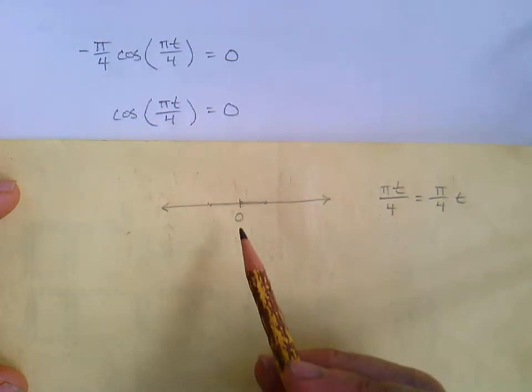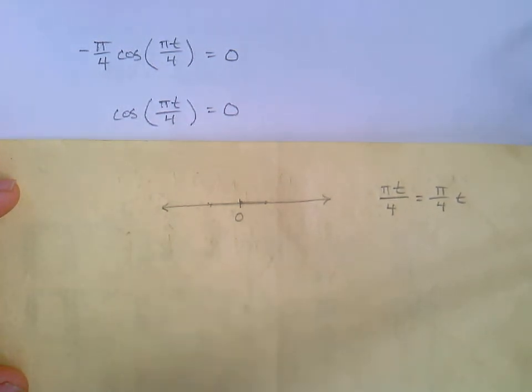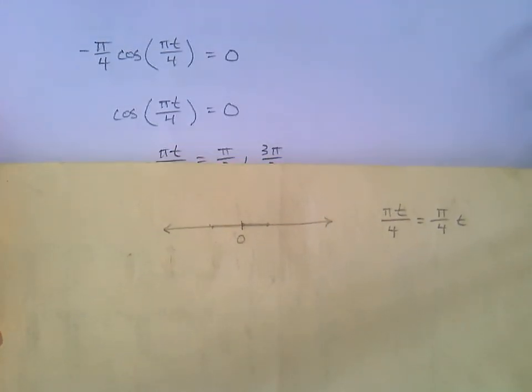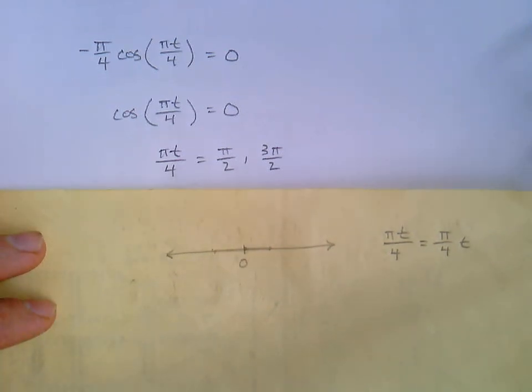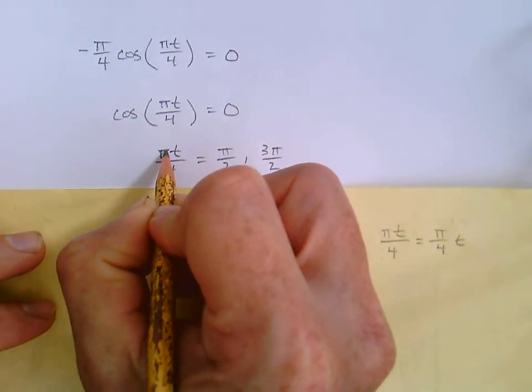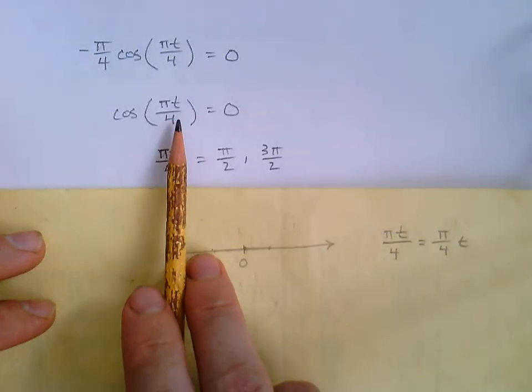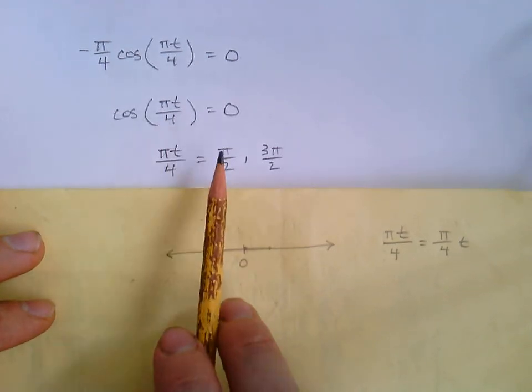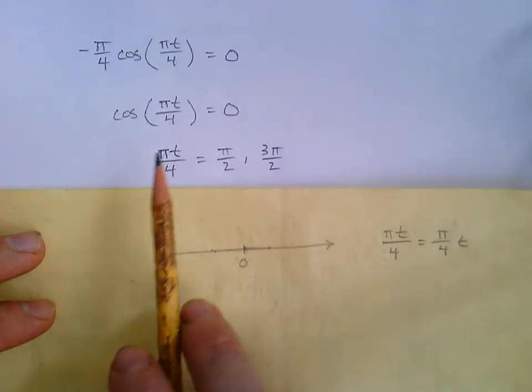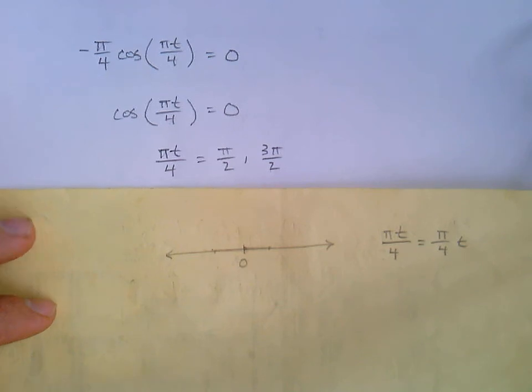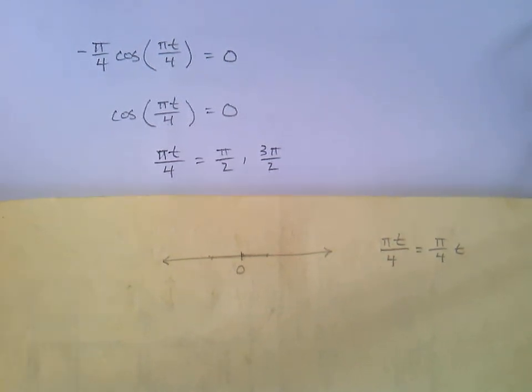Maybe you like to draw out the graph of cosine. Maybe you like to use the unit circle. Somehow, we need to realize that what's inside here could equal pi over 2, or it could equal 3 pi over 2. At least those are the values in the first period of cosine that would cause it to equal 0.